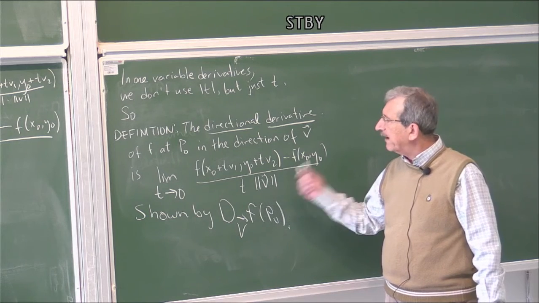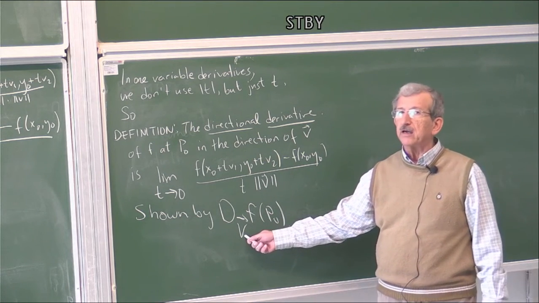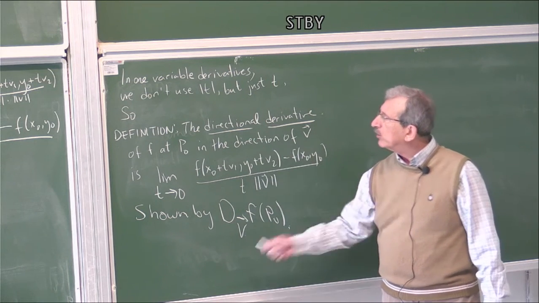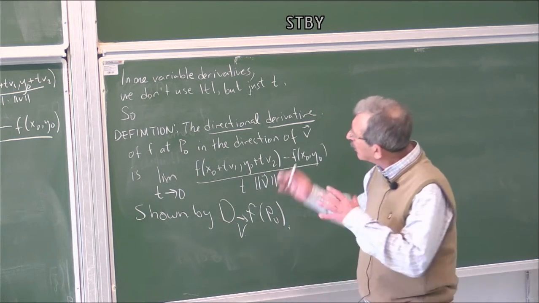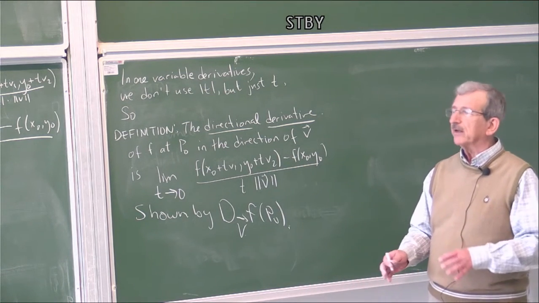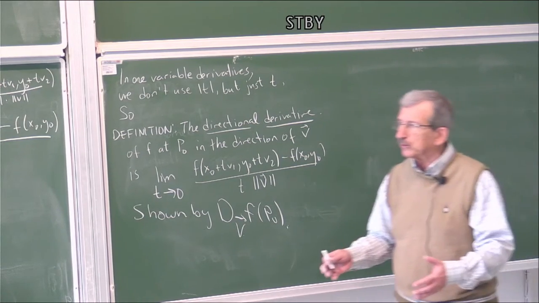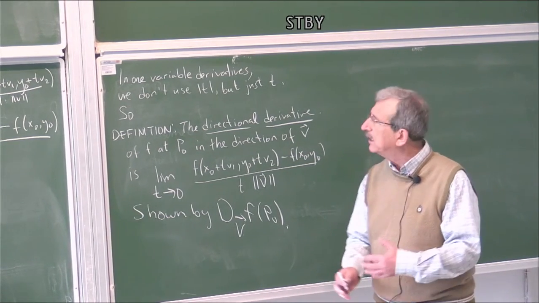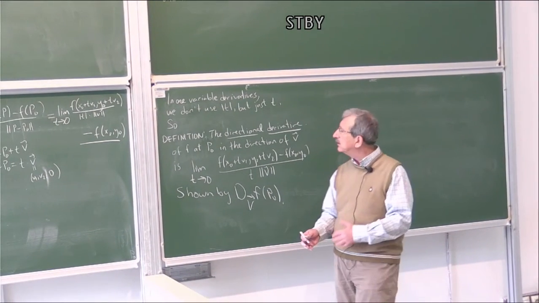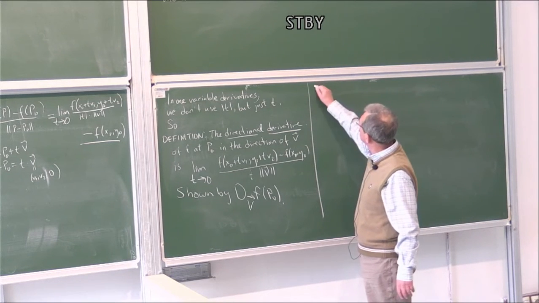It is the vector that we care about. That's why we have just v here and not the whole line. So according to this definition, we can now calculate directional derivatives. We will comment in a minute on what applications or consequences this definition has, or why we define such a thing in the first place. But before that, let us simplify it.